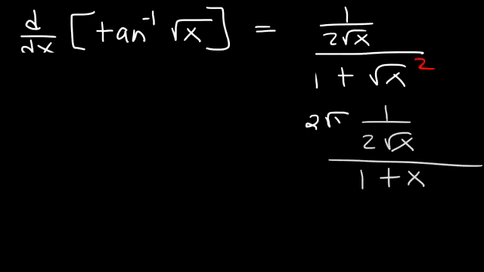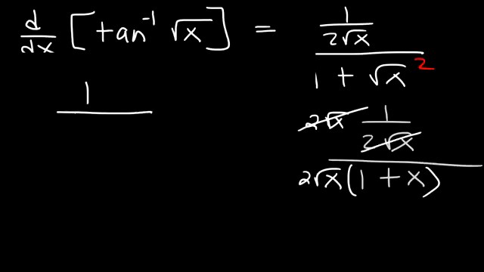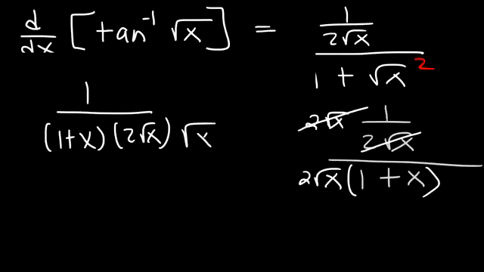Now let's multiply the top and the bottom by 2 square root x, so we can get rid of the fraction in the numerator. So this is going to be 1 over 1 plus x times 2 square root x. And if you need to rationalize the expression, you can multiply the top and the bottom by the square root of x.